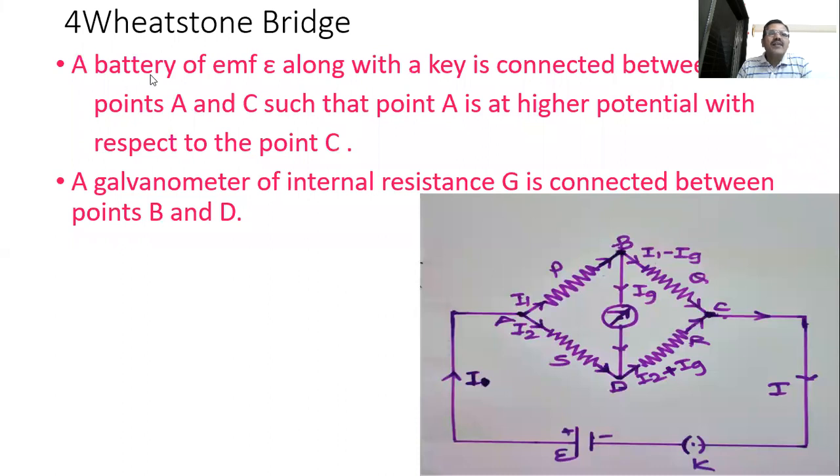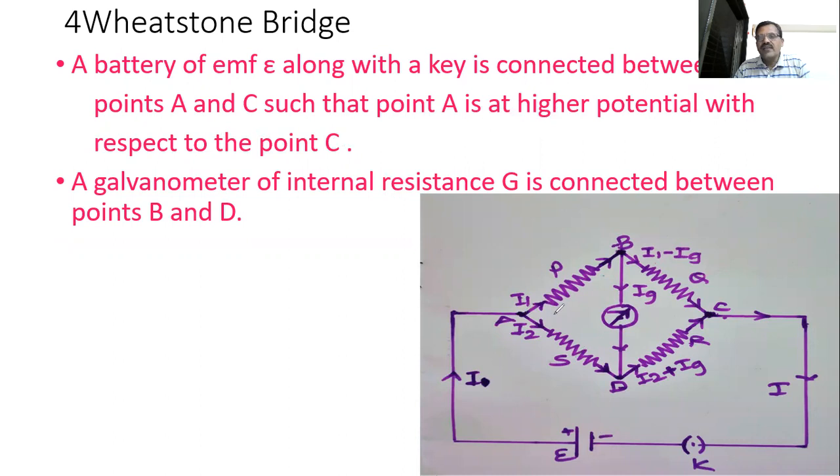Then a battery of EMF E with a key is connected between the points A and C such that point A is at higher potential with respect to the point C.